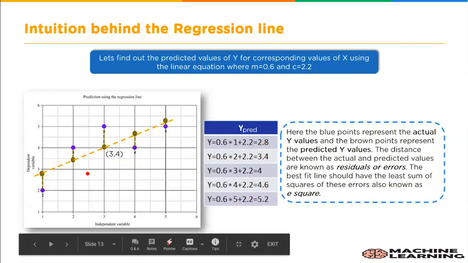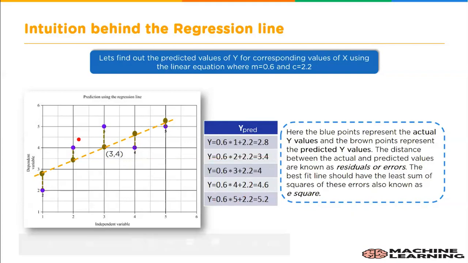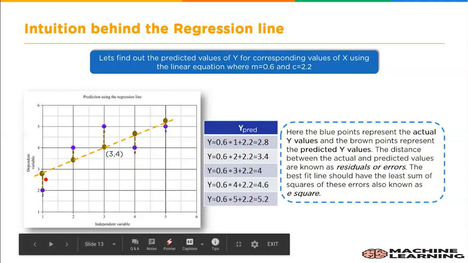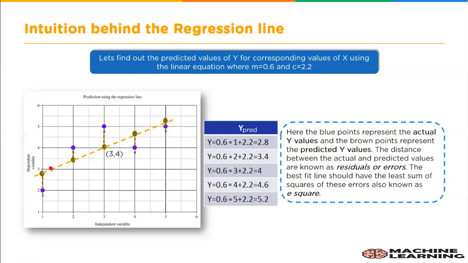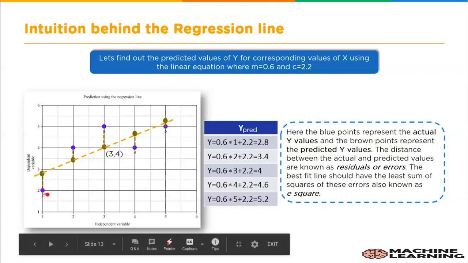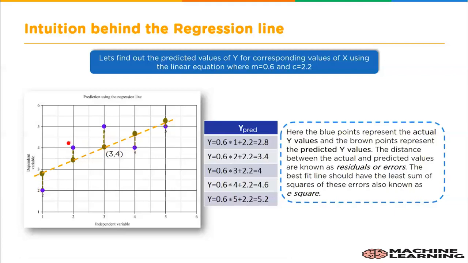Check this one. Now one thing should be clear: your predicted value may be less than the actual value. Here the actual value is high, that is 4, and the predicted value is less. Sometimes your predicted value is greater than the actual value, and sometimes it is less than the actual value.